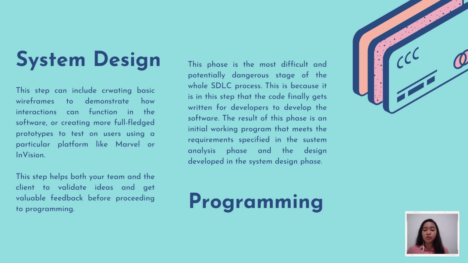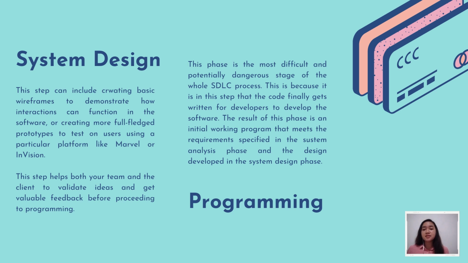With everyone on board with the software's proposed functionality and design, it's time to build according to the requirements. Thus, the fourth step is programming. This is, without a doubt, the most difficult and potentially dangerous stage of the SDLC.